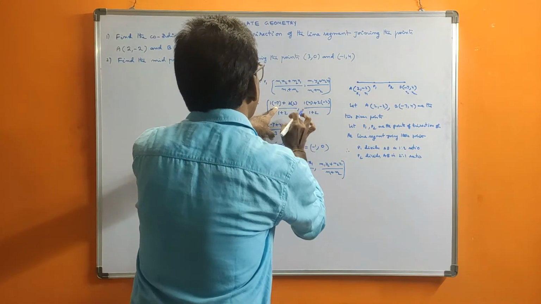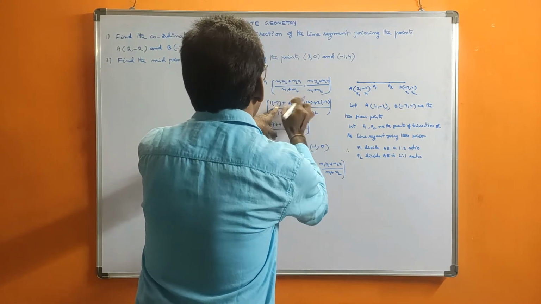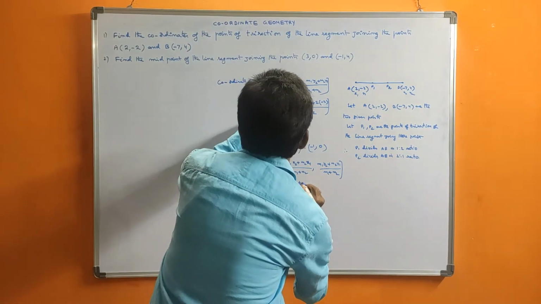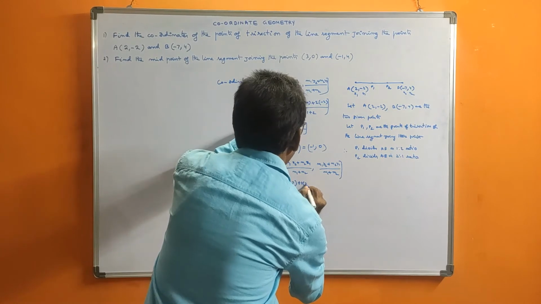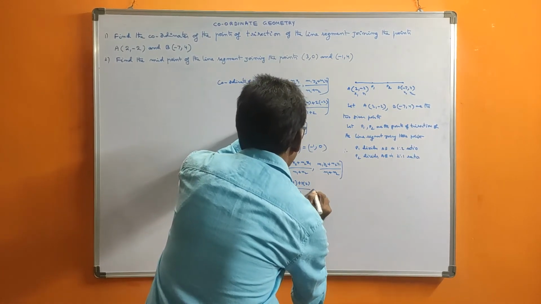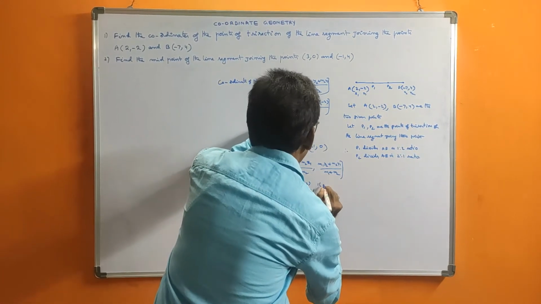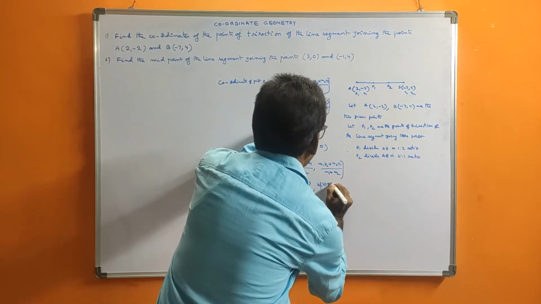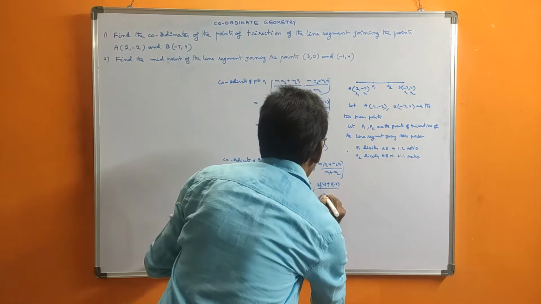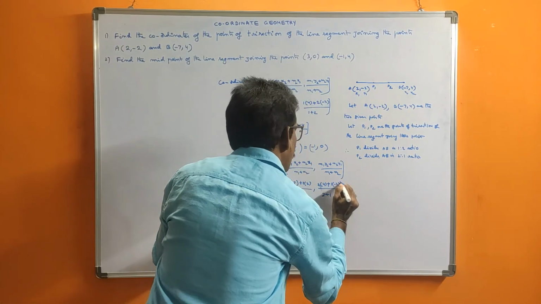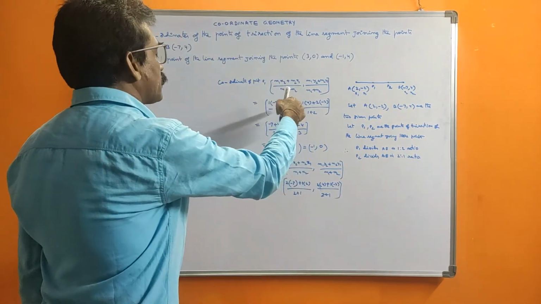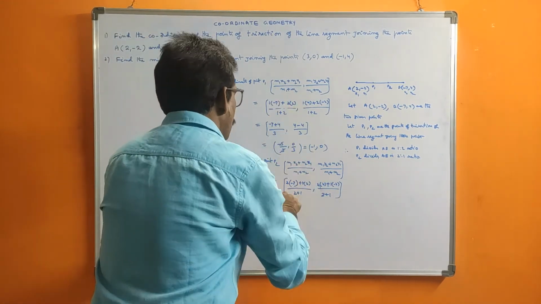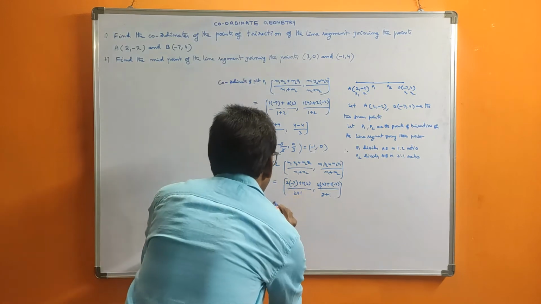Remaining all points are the same; only m1 and m2 are changed. The x1, x2, y1, y2 are not changed.